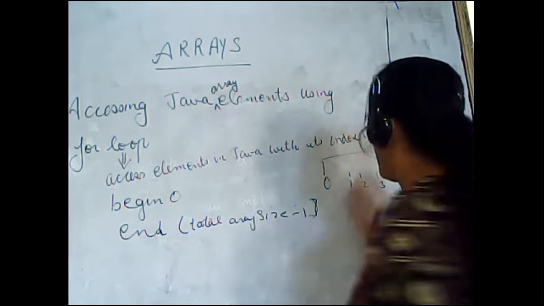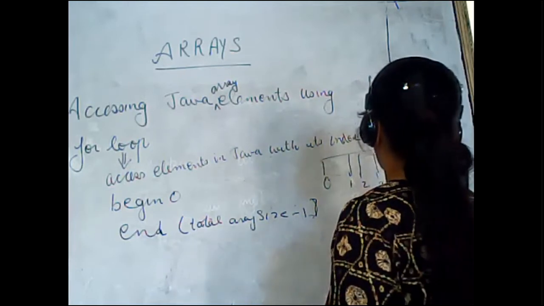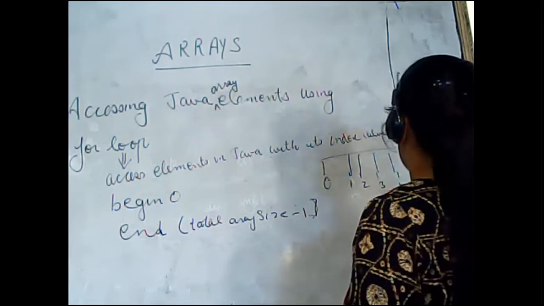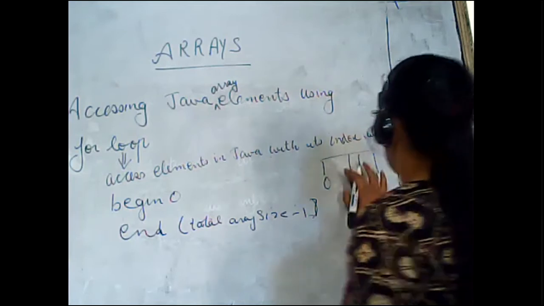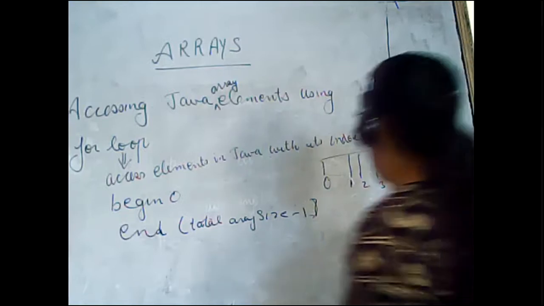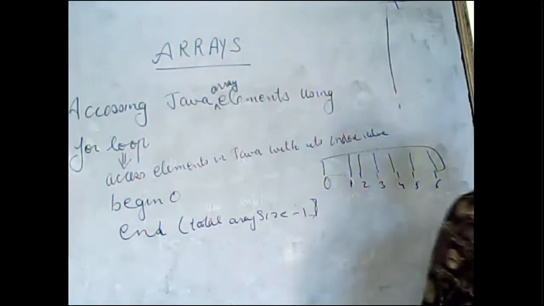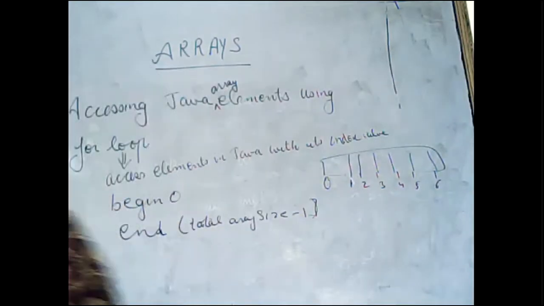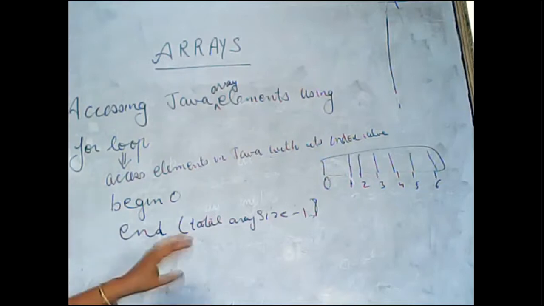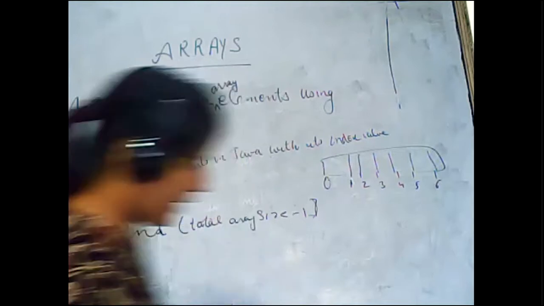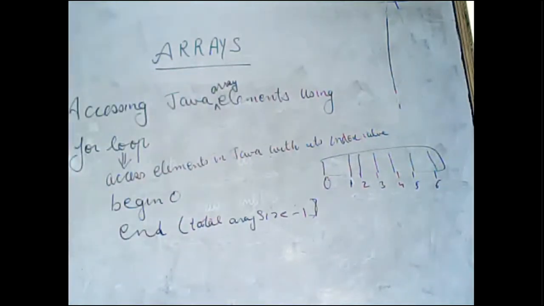So the total number of elements will be 7 only: 1, 2, 3, 4, 5, 6, and the 7th. So the total array size minus 1 will be the ending point. So the ending point will be at the 6th position here. Clear?